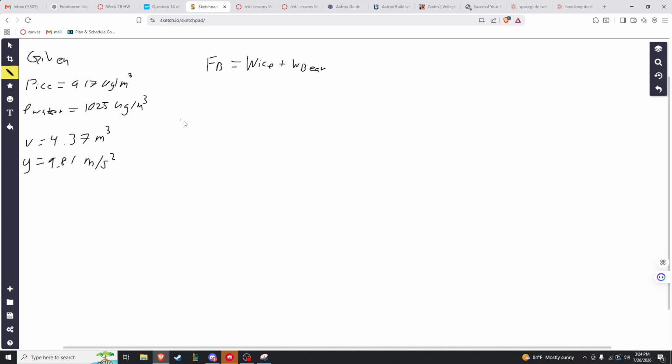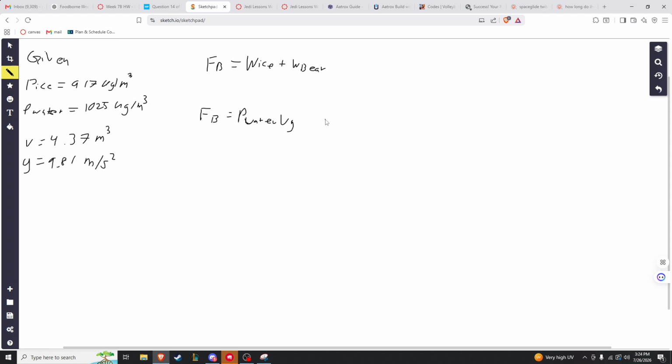The force of buoyancy is equal to density of water times volume times gravity.